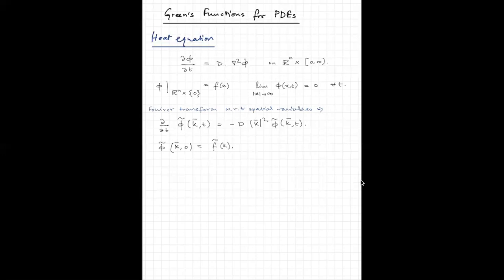This equation has a unique solution, and this is given by phi tilde of k,t is f tilde k e to the minus d mod k squared t.